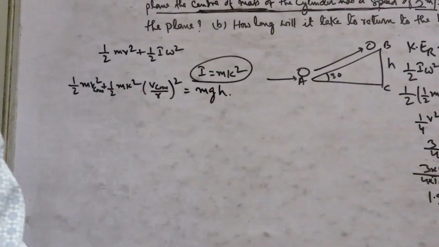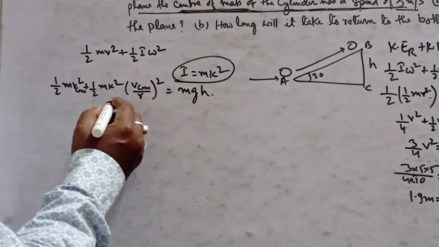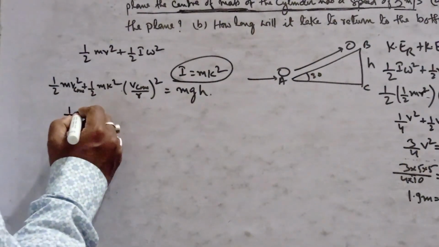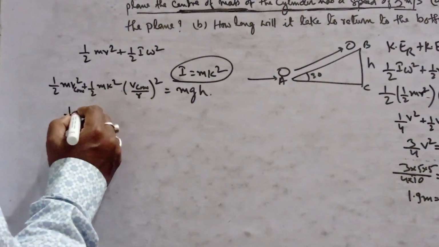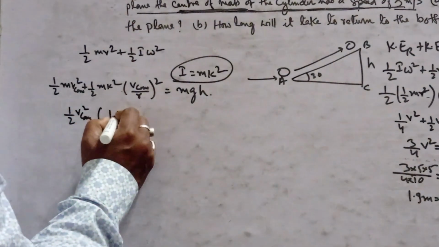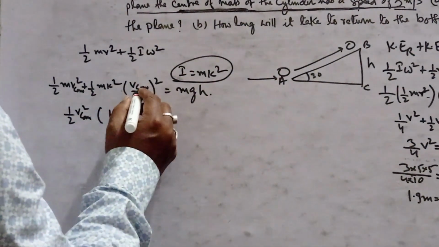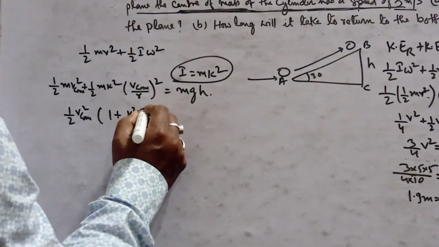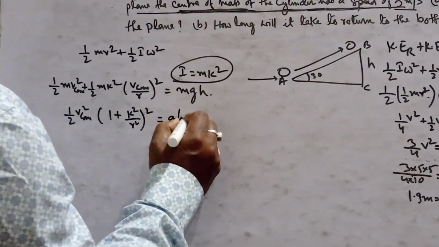Here m will cancel out, and taking half common, this is half v center of mass the whole square into 1 plus k square by r square, equal to gh.